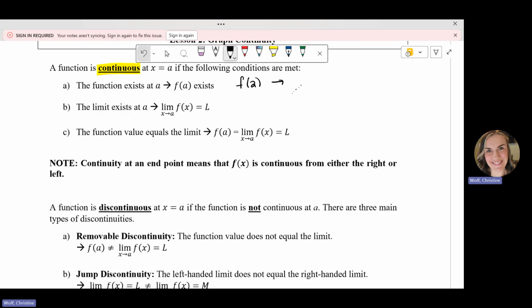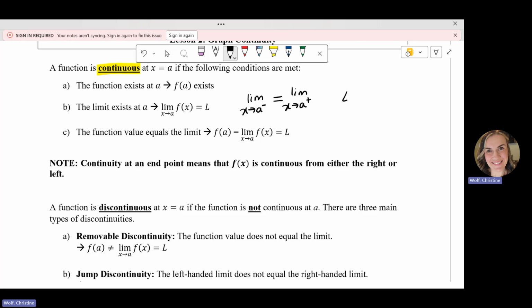Okay. The next condition that has to be met is the limit has to exist. This is what we did on Friday. On Friday, we checked that the limit as x approaches a random number from the left is equal to the limit as x approaches that point from the right.